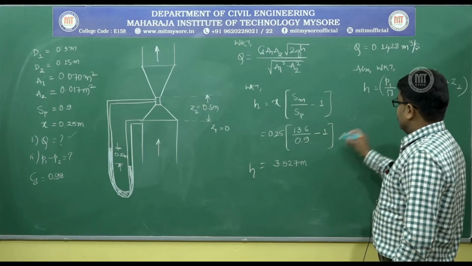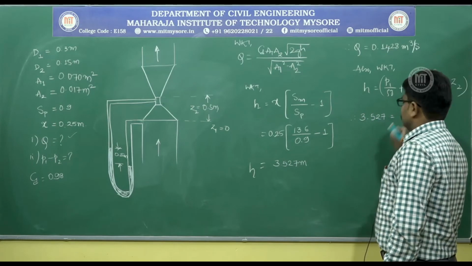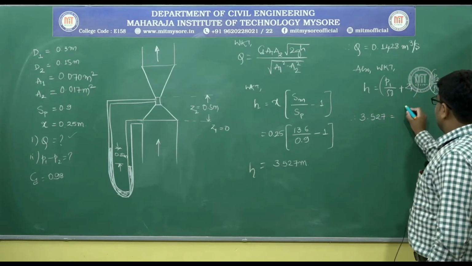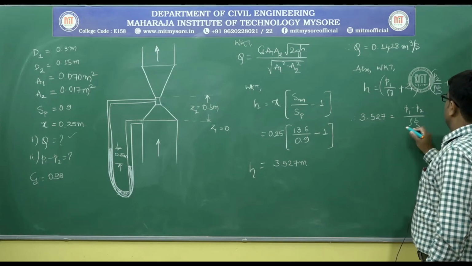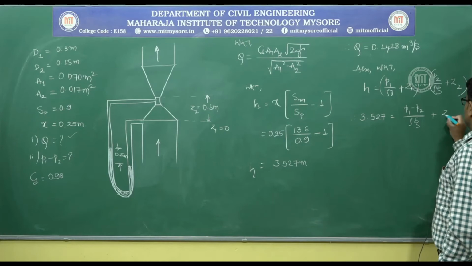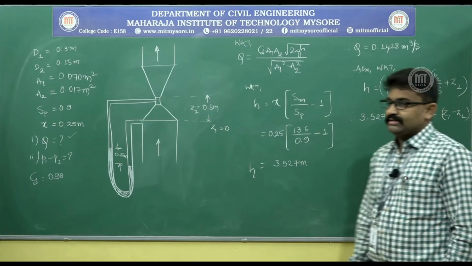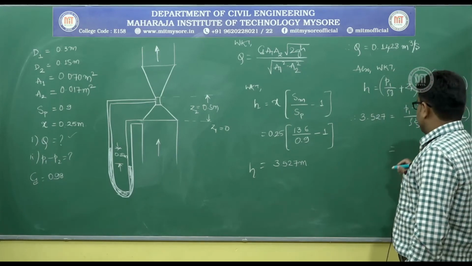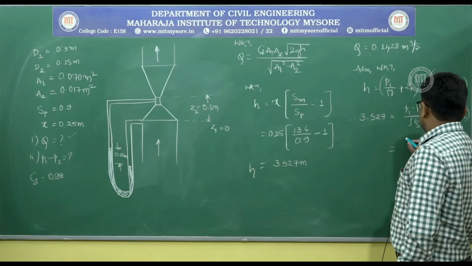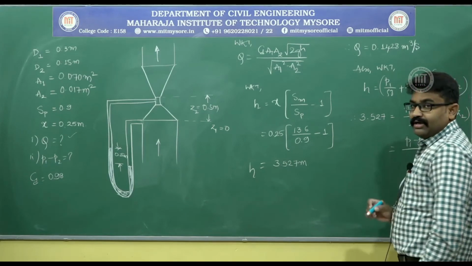Therefore, what is H? H you have found it to be 3.527. This must be equal to, I will rearrange, P1 minus P2 by rho g plus Z1 minus Z2. So, this is nothing but what is P1 minus P2, that is what I am actually in need of. So, I will keep it as it is, P1 minus P2 divided by rho g.